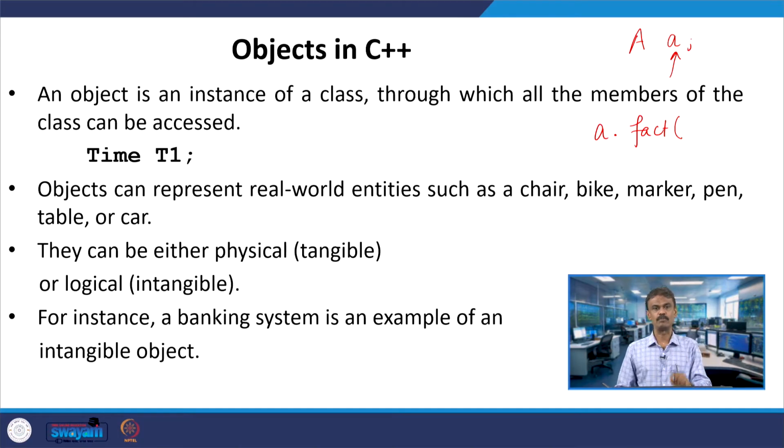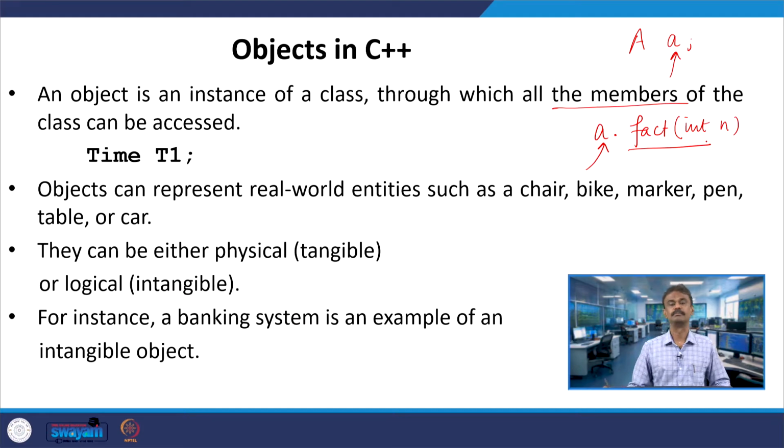That means this object can access all the members inside the class. For example, let us assume there is a member function called factorial. Object A can invoke this function and store the result in some integer value m, which we will do in the main.